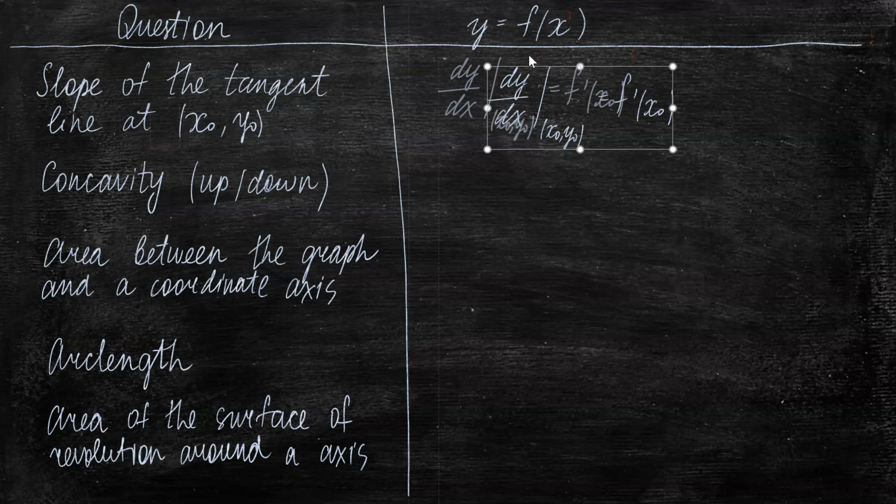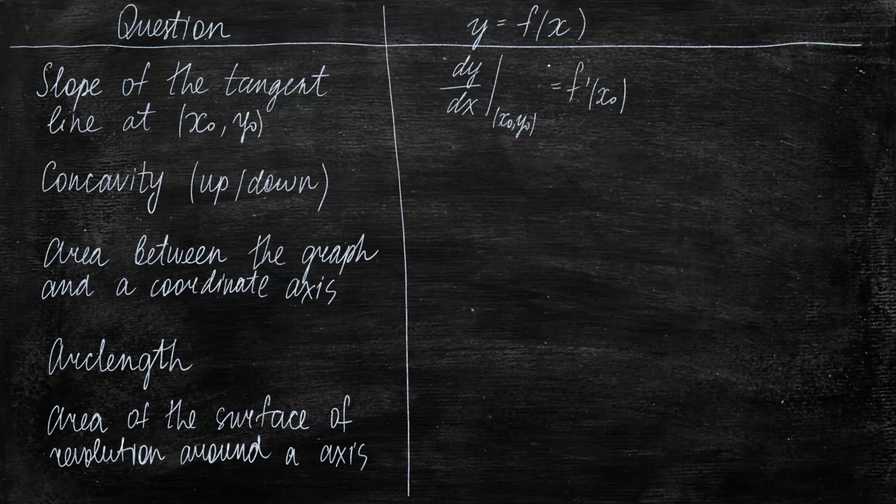How do we determine the concavity of a graph? Well, that's the meaning of the second derivative. We can write it either like this or like this, and if it is positive then it's concave up, if it is negative then it is concave down, and if we have 0 then we could potentially have a point of inflection there.